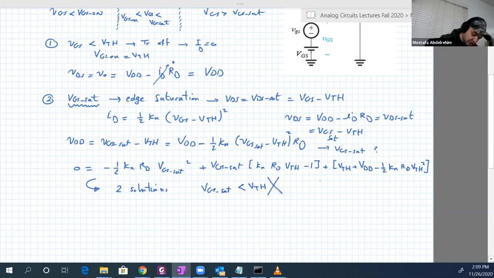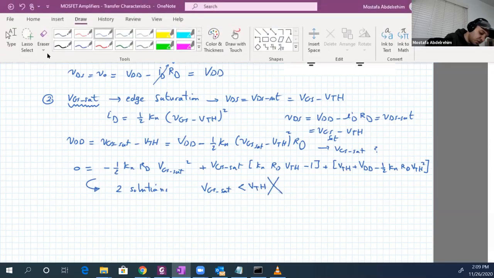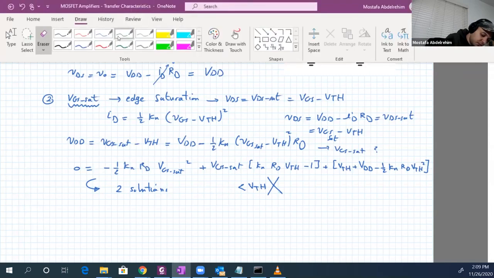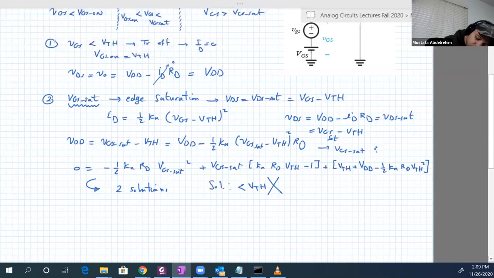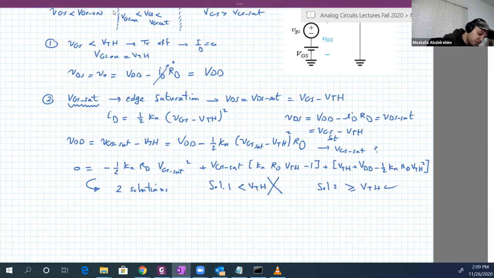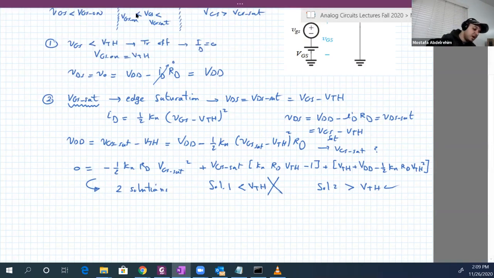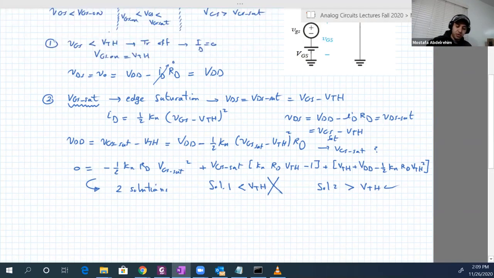The other solution, let's call them solution 1 and solution 2, solution 2 will be larger than V threshold, which is accepted, of course. Not even equal, larger than V threshold, because we are away from the switching point from off to on. Okay? So this is how to determine VGS set.